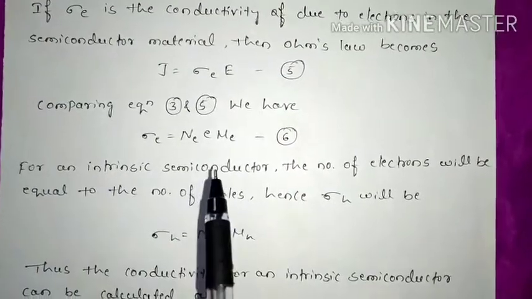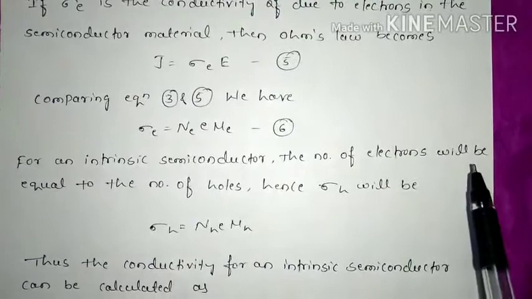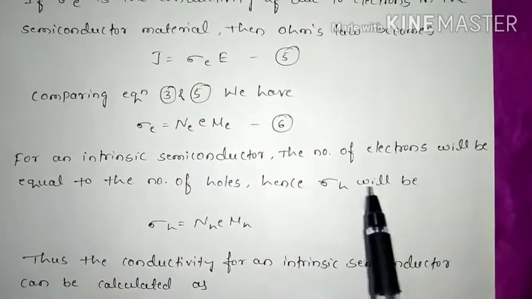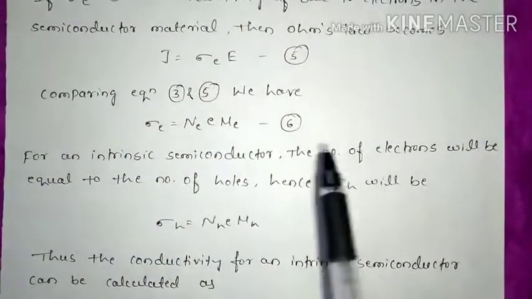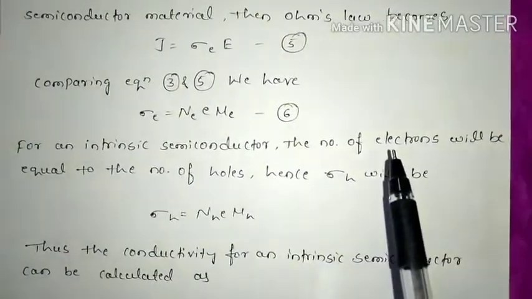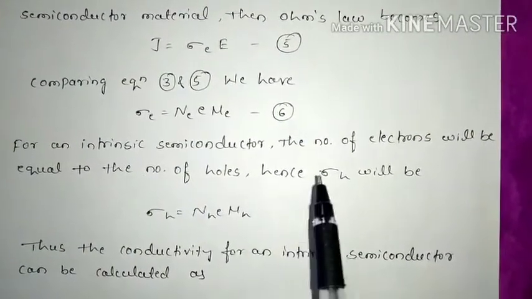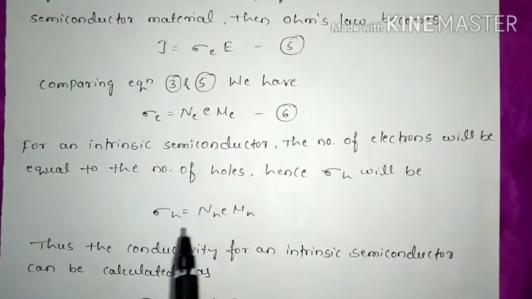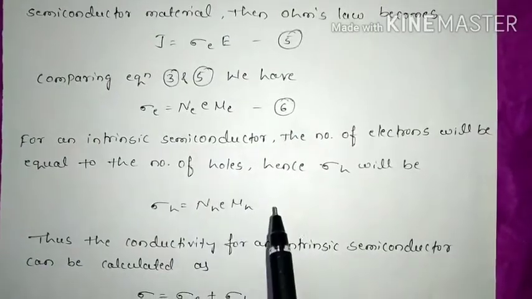For an intrinsic semiconductor, the number of electrons will be equal to the number of holes, as we discussed yesterday. Therefore, similarly to sigma e, we can write sigma h equals n h e into mu h.